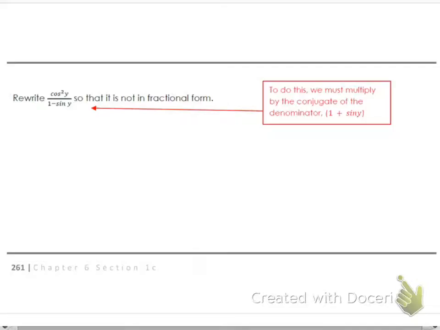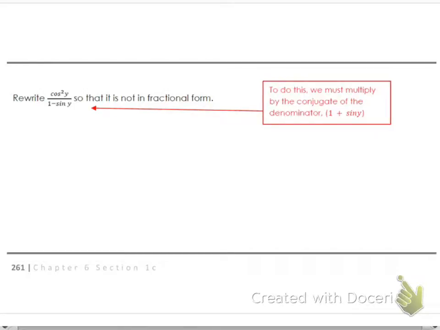What we're going to do as the last resort is multiply by the conjugate of the denominator. If I have 1 minus sine, I'm going to multiply the top and bottom by 1 plus sine. Once again, this is one of our last resorts. I'm all out of tricks. I'm going to try one last ditch effort by multiplying by the conjugate before I just quit and yell at Mr. Pavian.